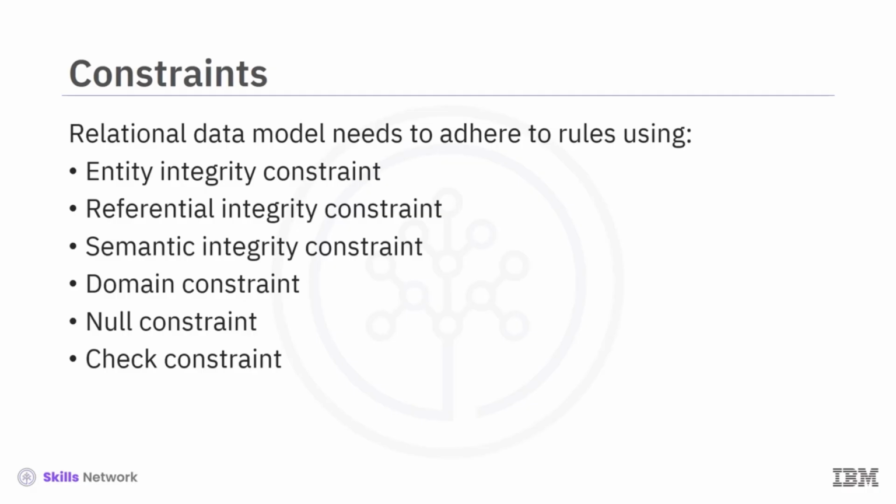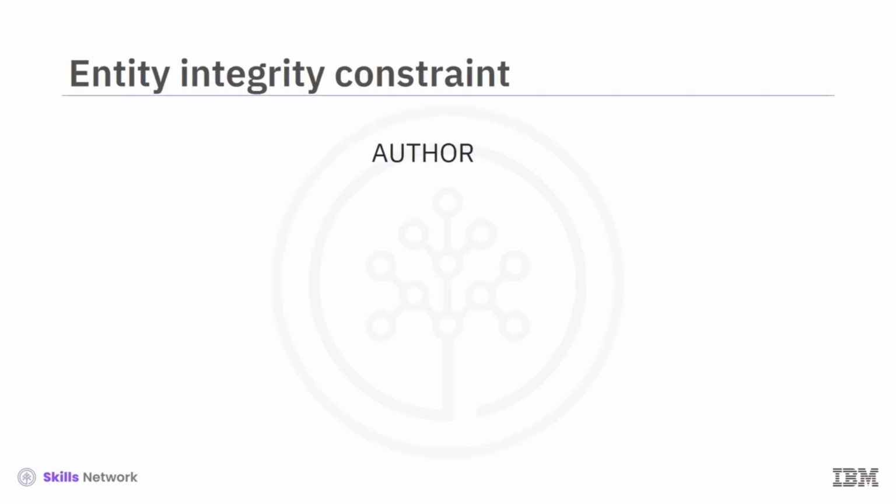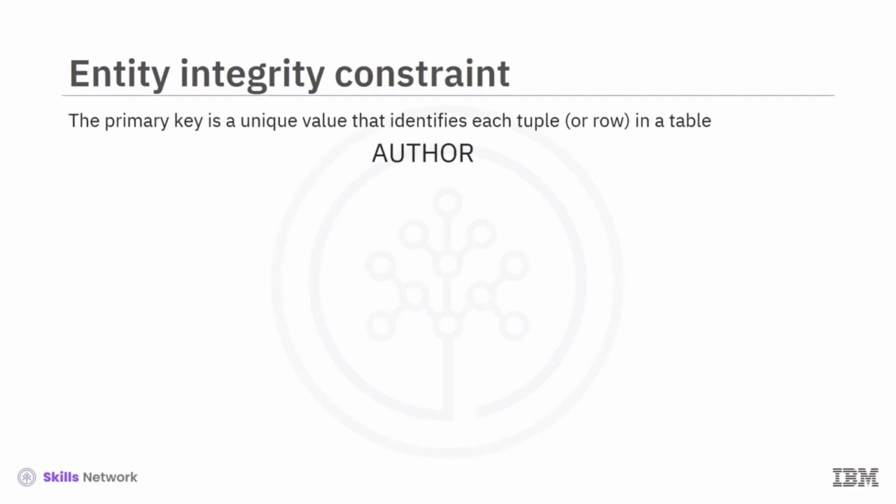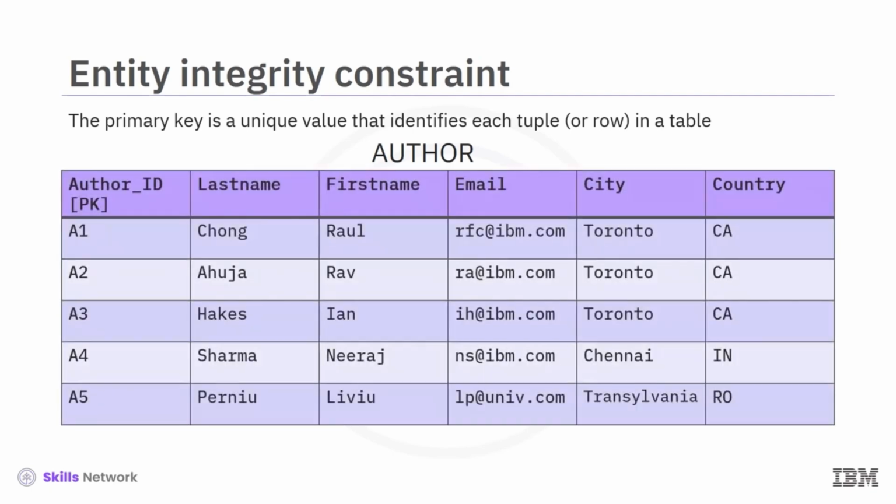To identify each tuple in a relation, the relation must have a primary key. The primary key is a unique value that identifies each tuple or row in a table. This is the entity integrity constraint. The terms primary key constraint or unique constraint are also used. This constraint prevents duplicate values in a table.